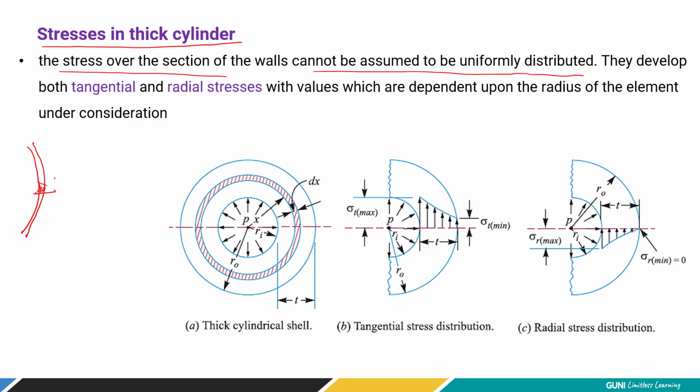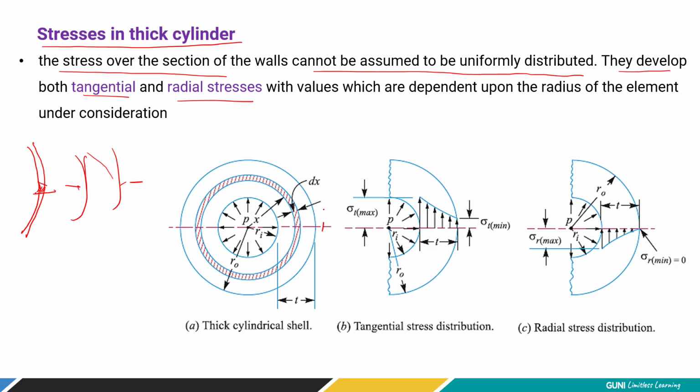But here the shell thickness has a noticeable value, so we cannot continue with that assumption. So they develop both tangential and radial stresses. Try to focus on this statement. Because of the thickness of the shell, they produce two types of stresses. One is tangential.